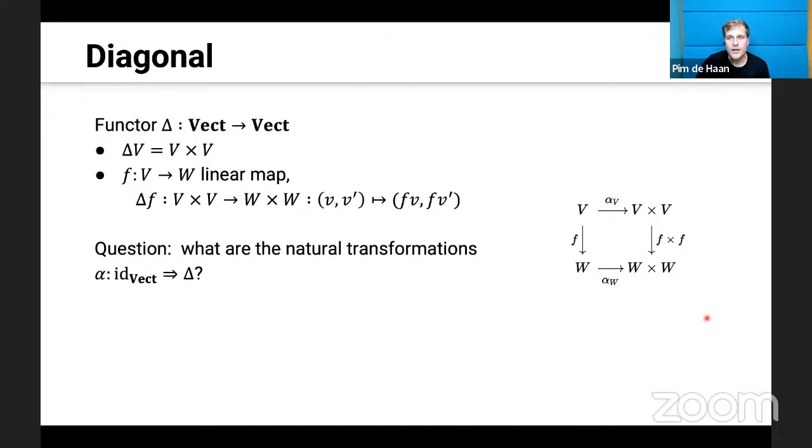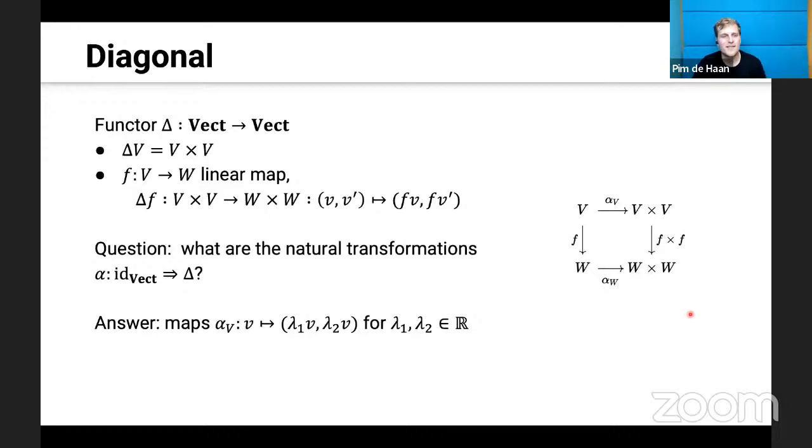And you can convince yourself that all such maps go from V to two copies of V, and in this case it's allowed to apply an arbitrary scaling to the two copies. So these are all the natural transformations between the identity functor, which just maps a linear map to itself, and the functor that maps it to two copies of itself.